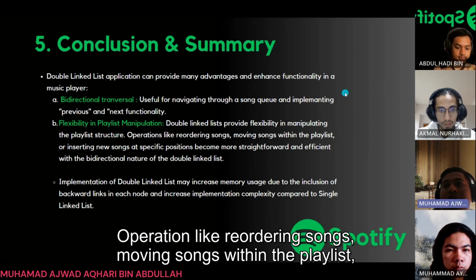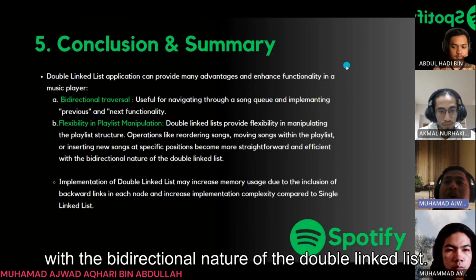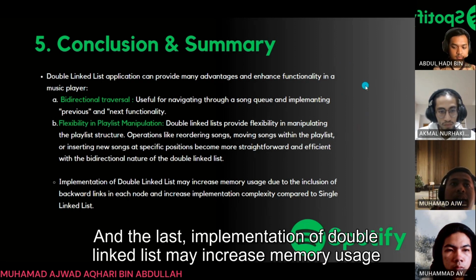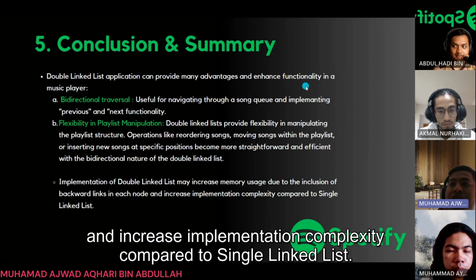Operations like reordering songs within the playlist or inserting new songs at specific positions become more straightforward and efficient with the bidirectional nature of the double linked list. And lastly, the implementation of a double linked list may increase memory usage due to the inclusion of backward links in each node, and increase implementation complexity compared to a single linked list.